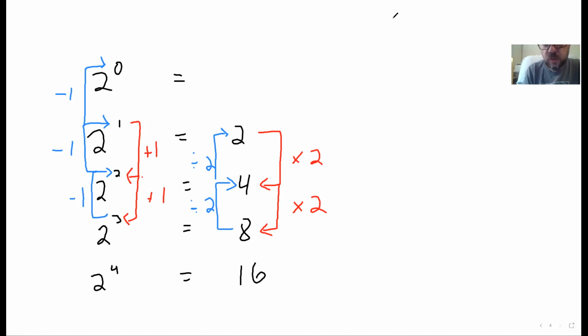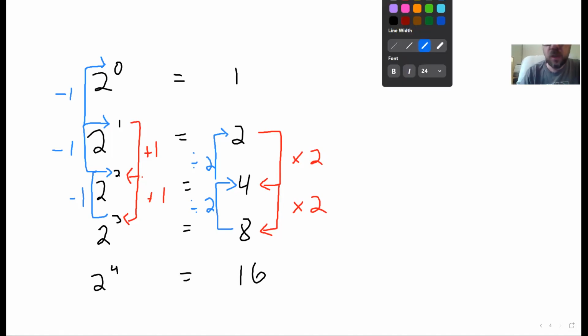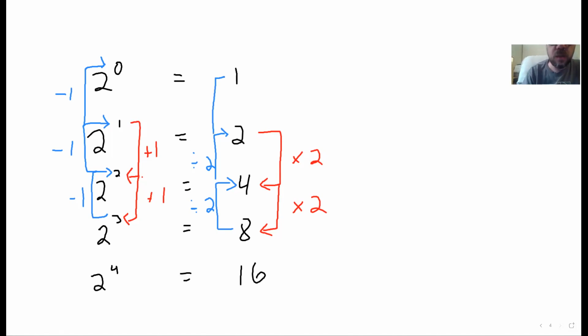I divide by 2, and 2 divided by 2 is 1. Same thing again. What if I subtracted another 1? So now my exponents are negative. If I subtract another 1 from the exponent, I'm going to have 2 to the negative 1.